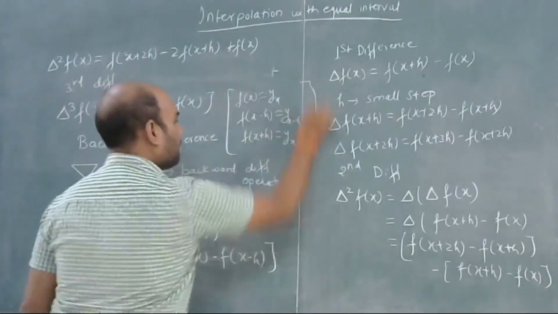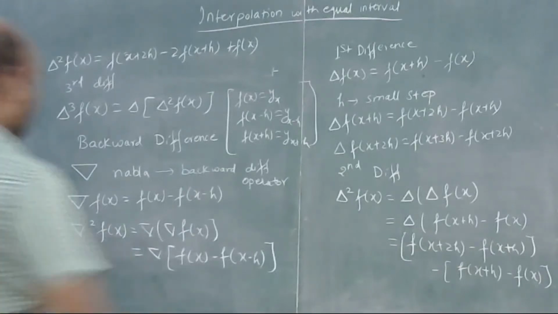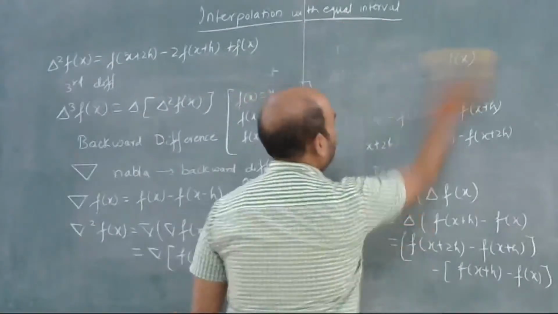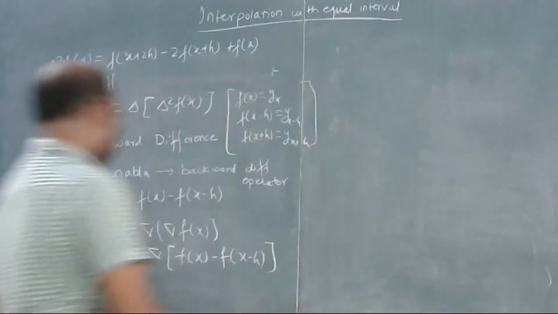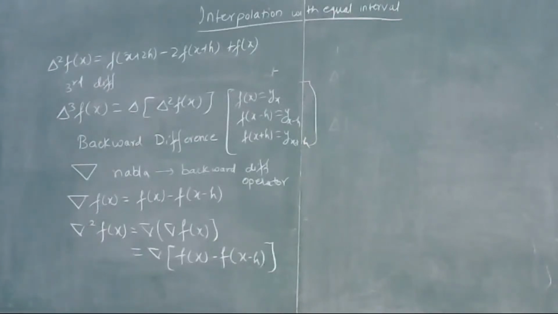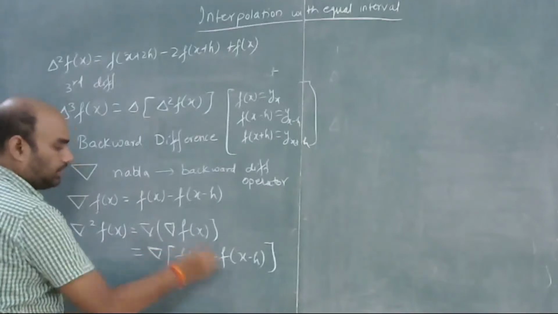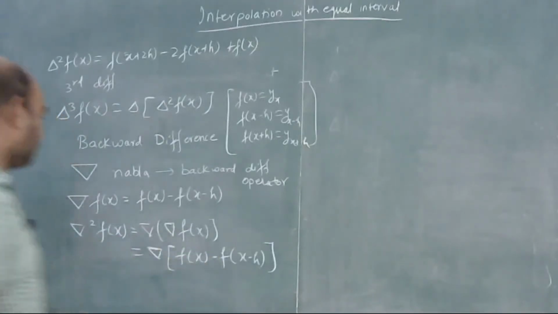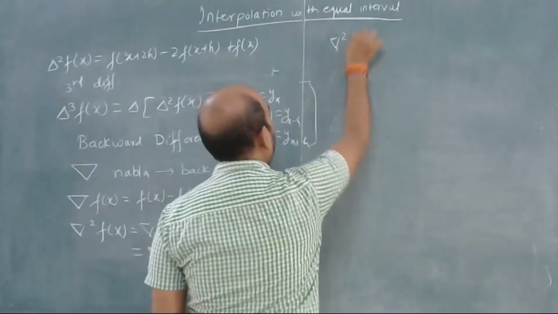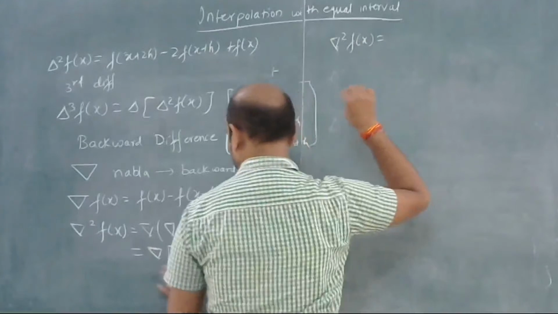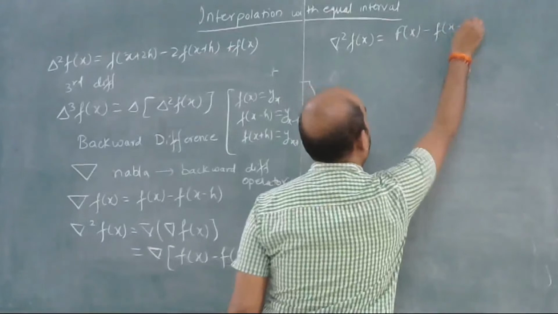So this is the same; today we are doing it with respect to functions, function f of x. This is your backward difference. We operate on this function again with the backward operator, so you get del square f of x equal to f of x minus f of x minus h.